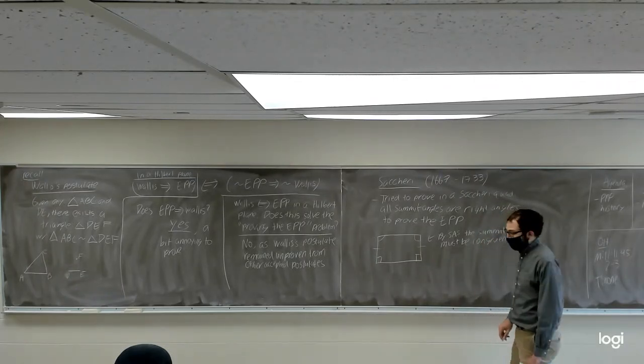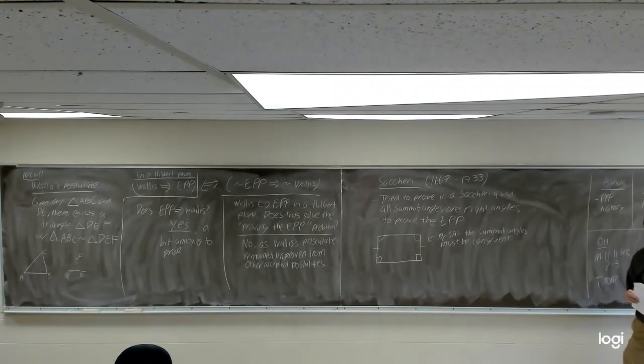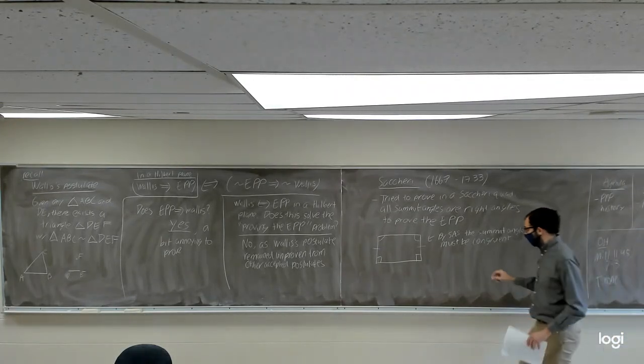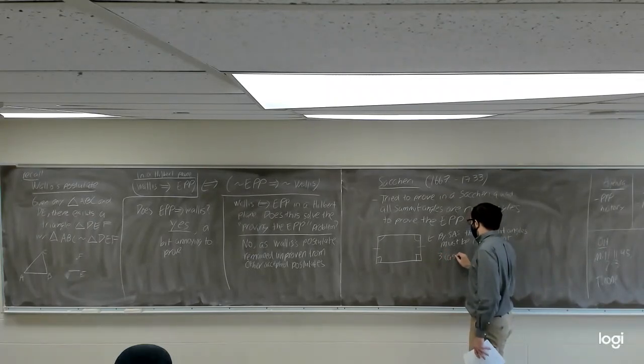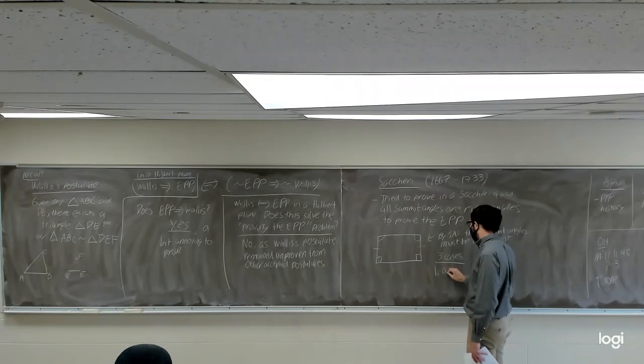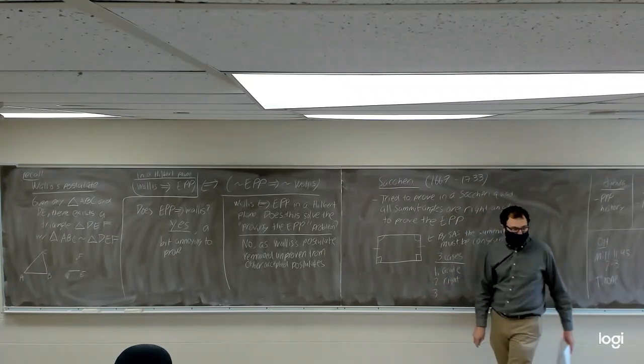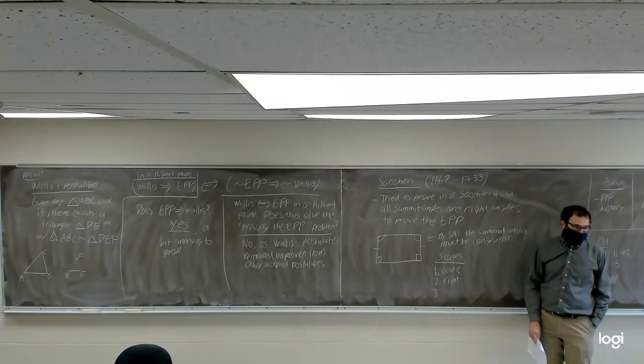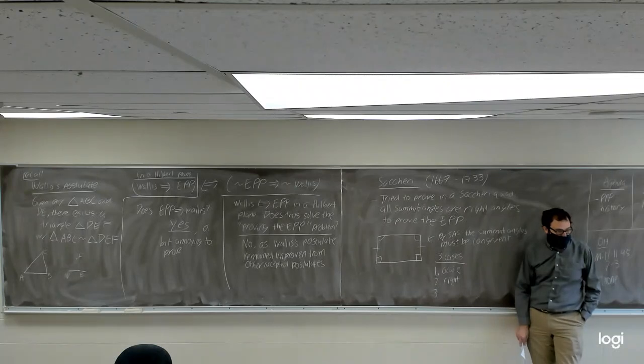And so Saccheri reasoned, well, we have three cases for congruent summit angles. One of these three cases has to hold true. First case is that the summit angles could be acute. Second case, that they could be right angles. And Sydney, what would that leave as our third possibility for what the two summit angles would be?